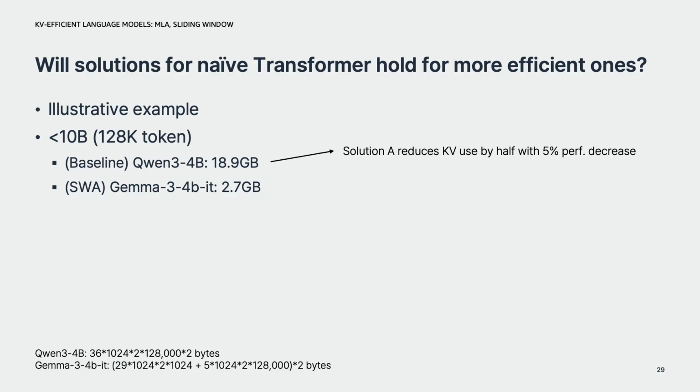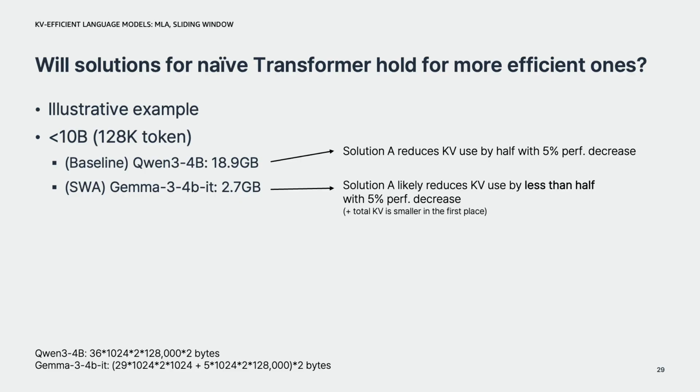And imagine there's this solution A, which reduces KV use by half with only a 5% performance decrease. This is good, but if we fix the performance decrease budget at 5%, solution A will likely reduce KV use by less than half on Gemma 3.